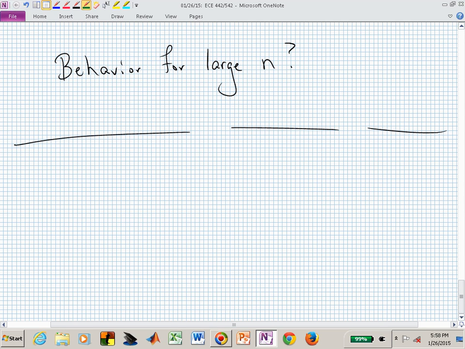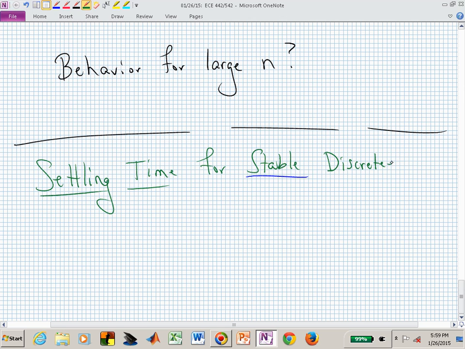Let's look now at this question of settling time for stable, that's the key word, discrete time systems.